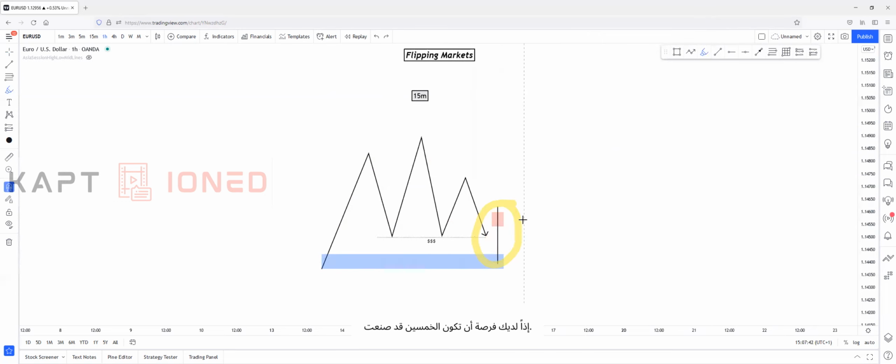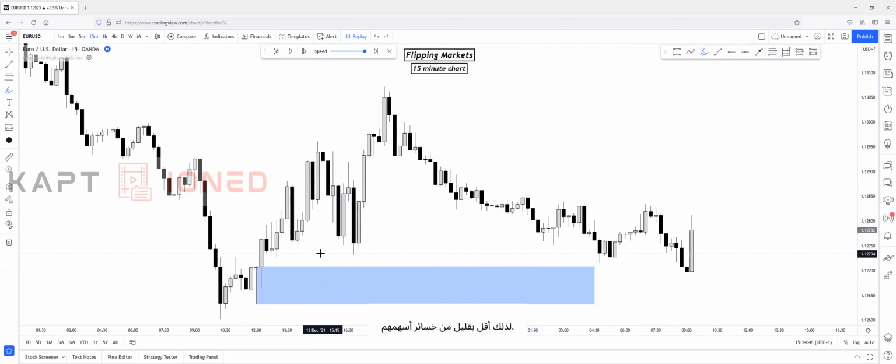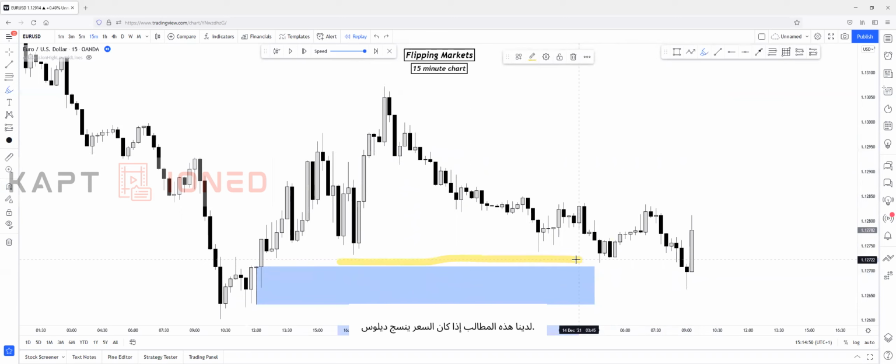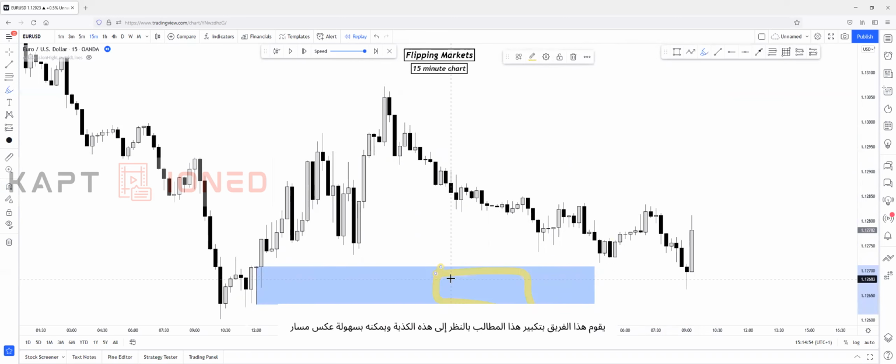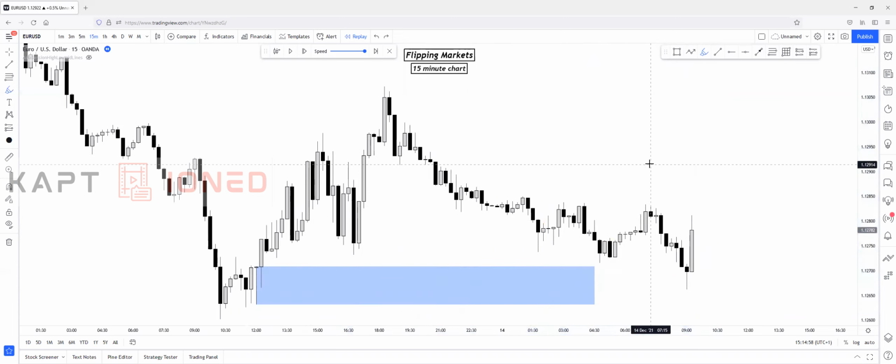So just think logically again. We have these lows. Retail traders open their positions on this line, so their stop losses will be located just below it. And just below their stop losses, we have this demand zone. If price sweeps the lows, sweeps the liquidity, this demand zone will hold the sweep and it can easily reverse the price, as I said.